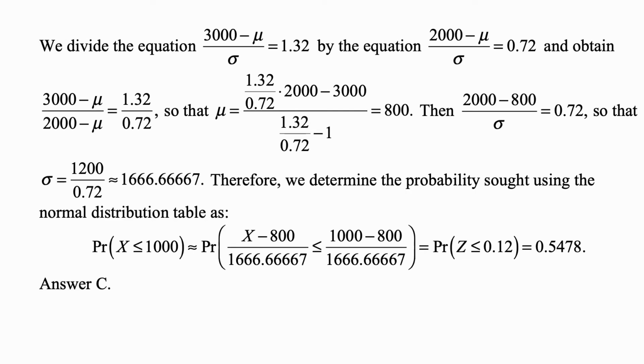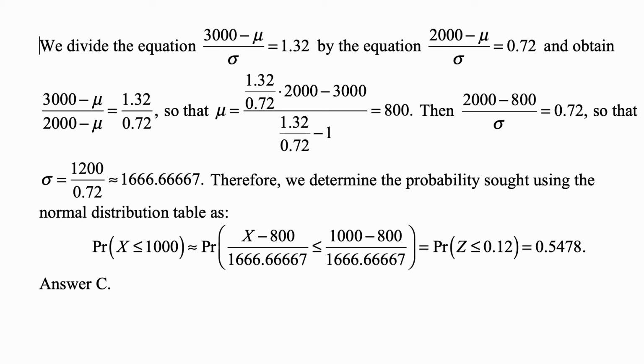Now we divide the equation (3,000 minus mu) over sigma equals 1.32 by the equation (2,000 minus mu) over sigma equals 0.72 and obtain (3,000 minus mu) over (2,000 minus mu) equal to 1.32 over 0.72, so that mu is equal to (1.32 over 0.72 times 2,000 minus 3,000) divided by (1.32 over 0.72 minus 1), and that's equal to 800 exactly.